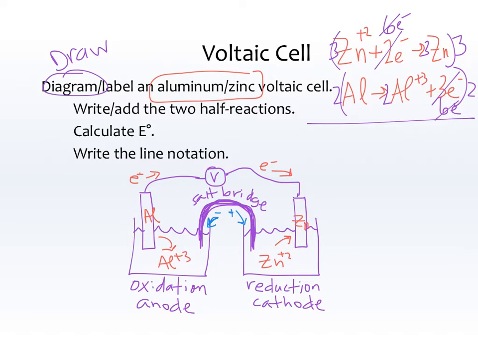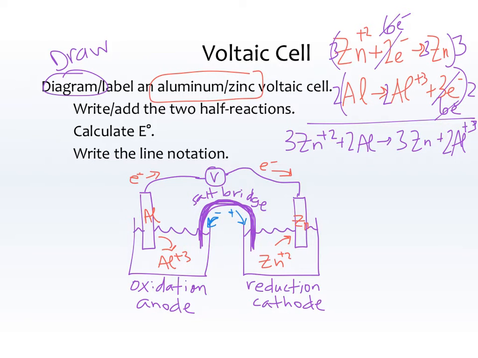What I have left is 3 Zn2+ and 2 Al will make 3 Zn and 2 Al3+. So there's my added two half reactions.